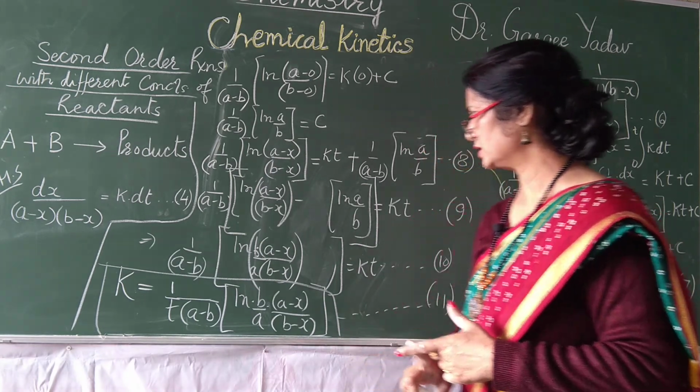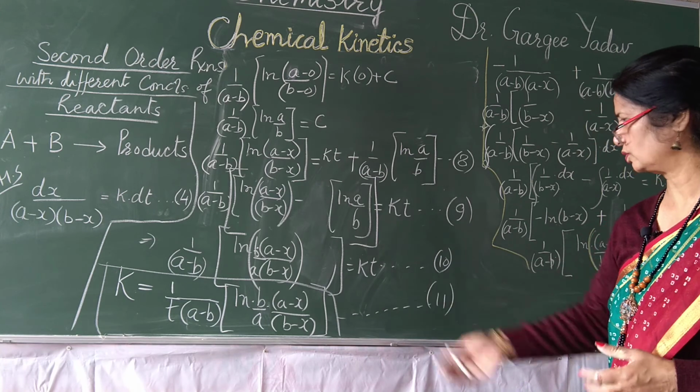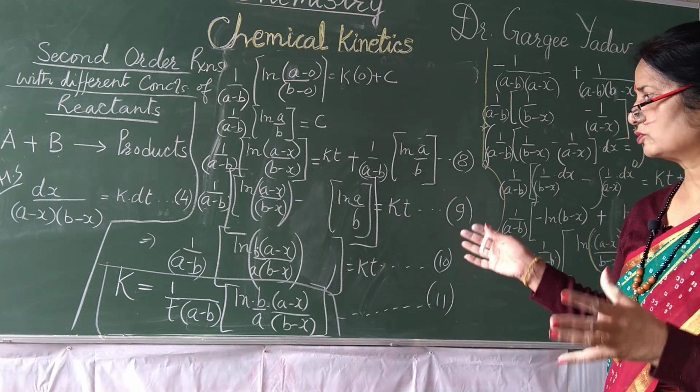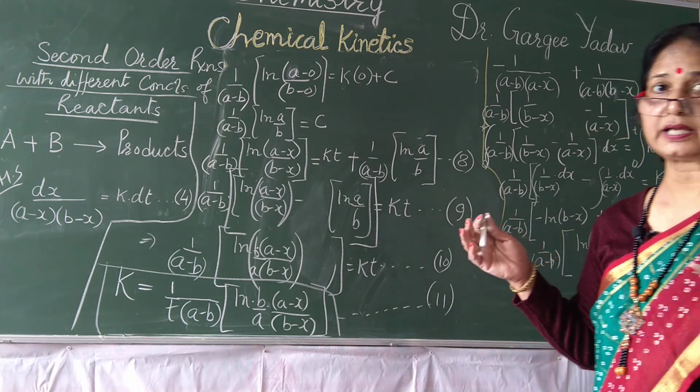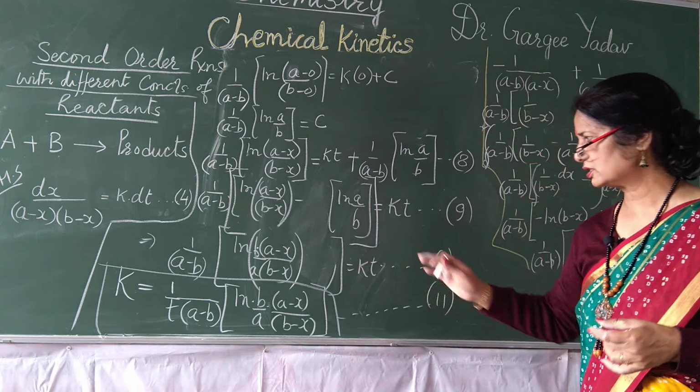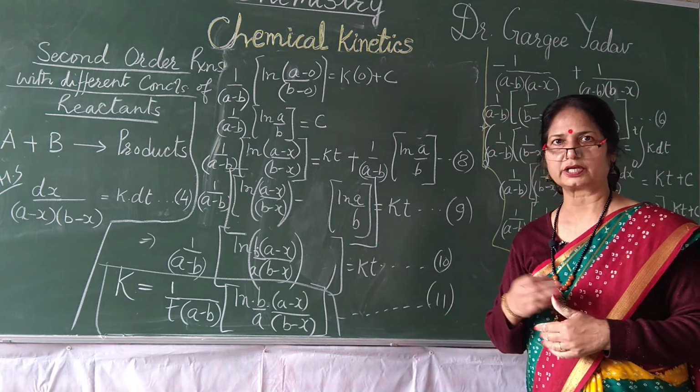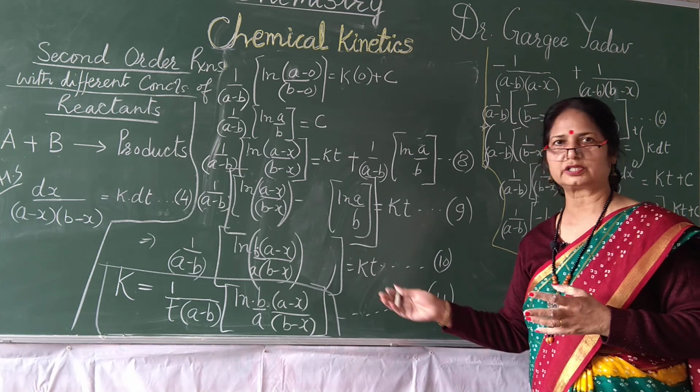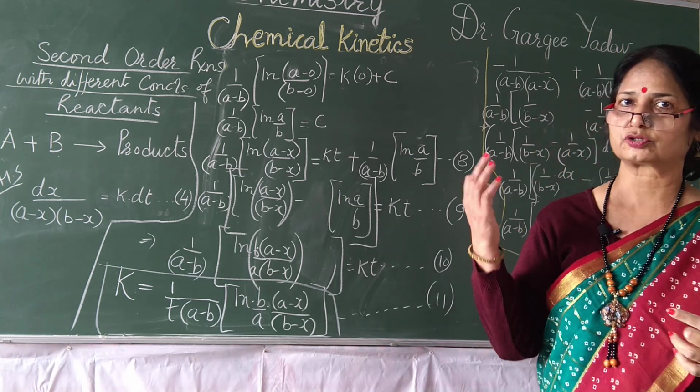Now one more case you can see over here from this equation number 11. You can infer this. Suppose A is present in excess quantity compared to B, then this equation will turn to be an equation for a first order reaction.